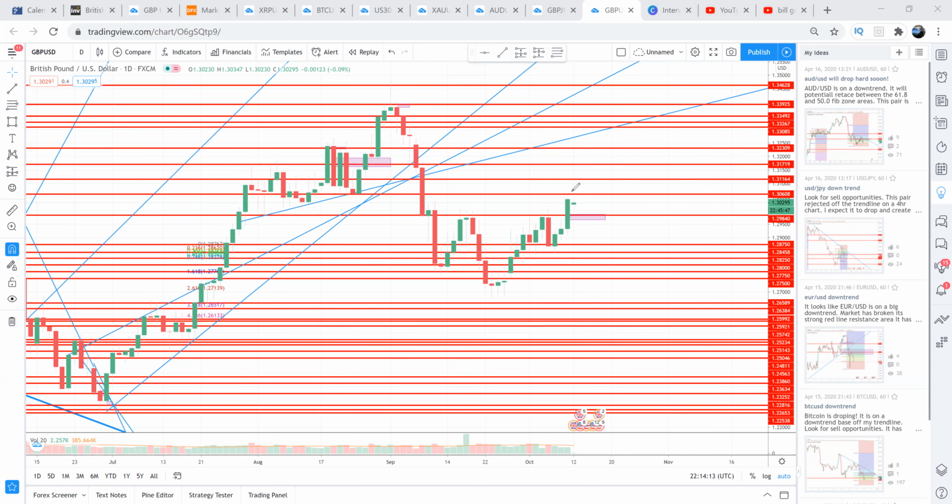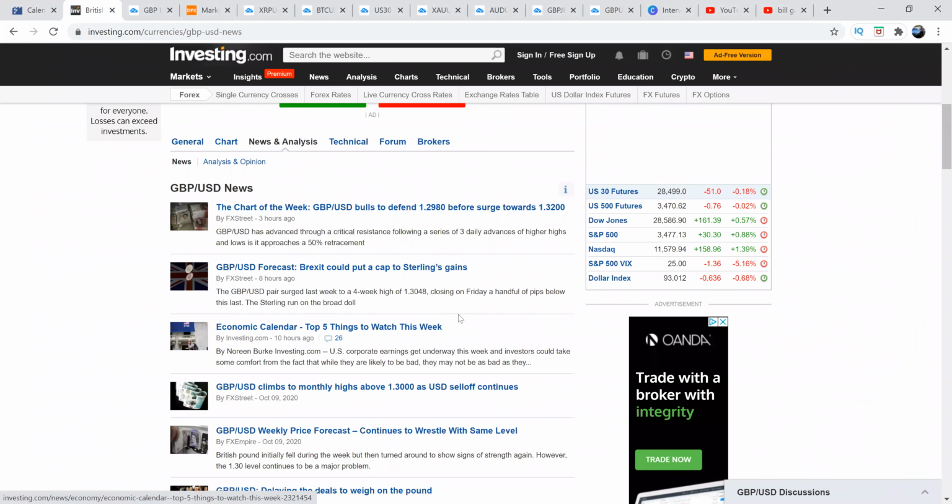So we should potentially go up due to the stimulus talks, the euro, the Brexit, all those fundamental issues happening this week. So understanding those articles will help you understand how to prepare for the week.